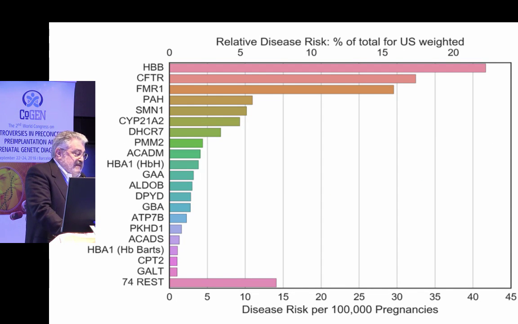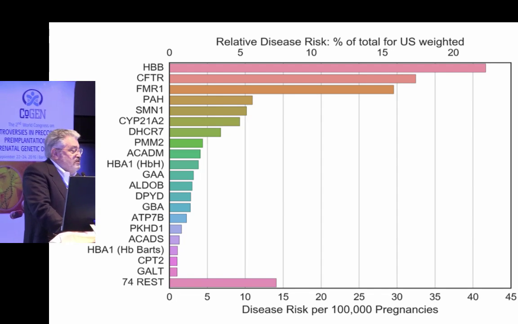One of the other things, and I'm just going to talk for a couple of minutes about designing panels and deciding which disorders to put on the panel. This is looking at relative disease risk, percent that we see of total disorders, so it's disease, in the U.S. population.